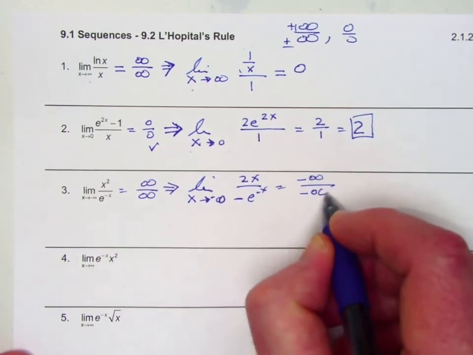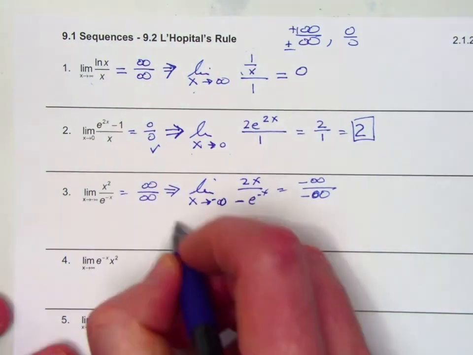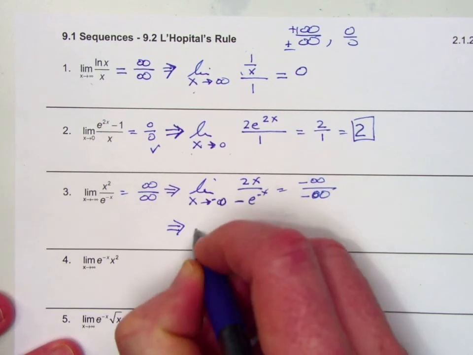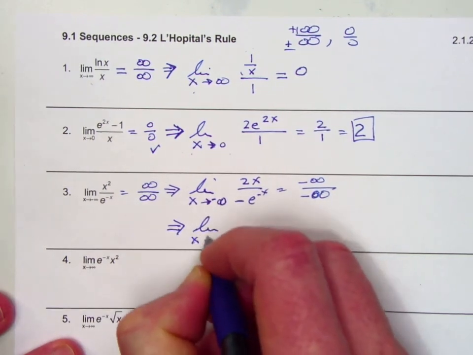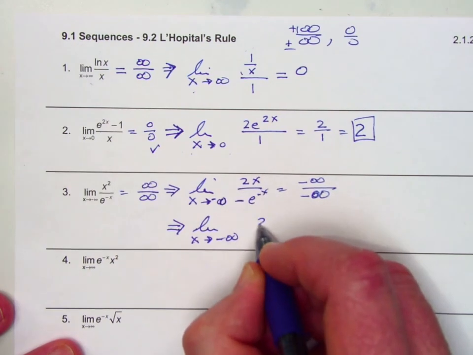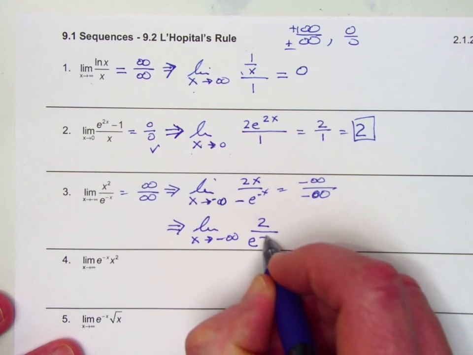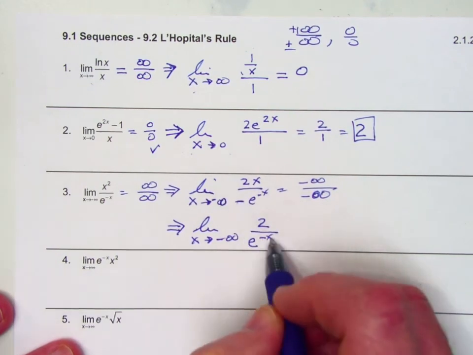So it's still one of our indeterminate forms. So what does that tell me to do? Apply L'Hopital again. Okay, so I'm going to do an arrow again. I'm going to say, therefore, the limit as x approaches negative infinity of the derivative of the top, which was 2, and the derivative of the bottom was e to the negative x, because the negatives are going to cancel, because you get another negative.